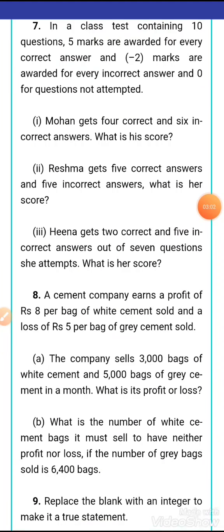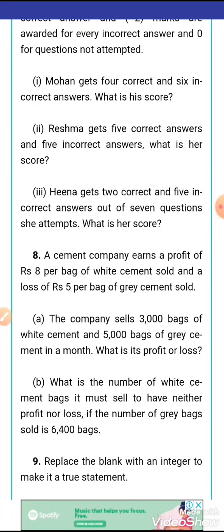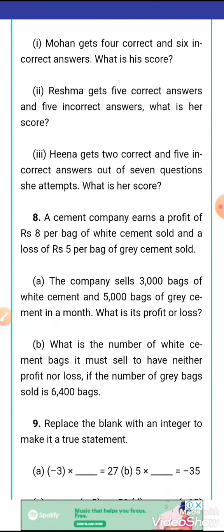Question 8 is: a cement company earns a profit of rupees 8 per bag of white cement sold, and a loss of rupees 5 per bag of grey cement sold. In part A, we have to find the company's profit or loss when the company sells 3000 bags of white cement and 5000 bags of grey cement in a month.